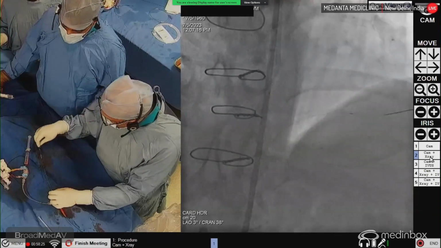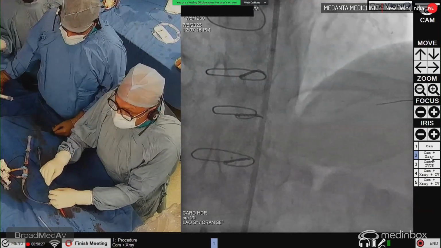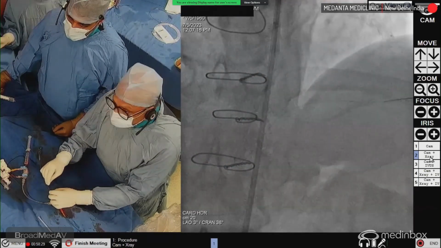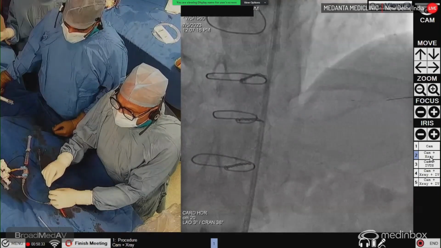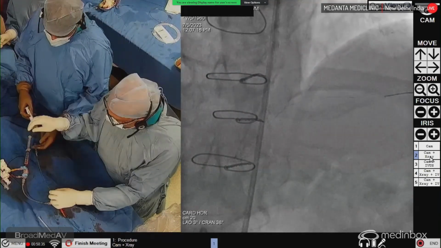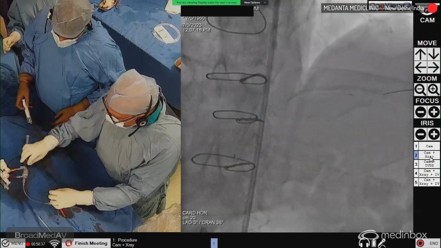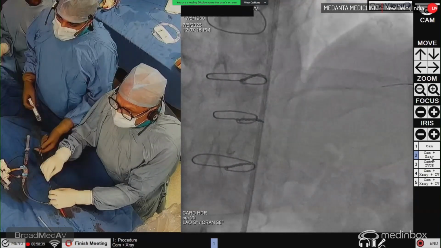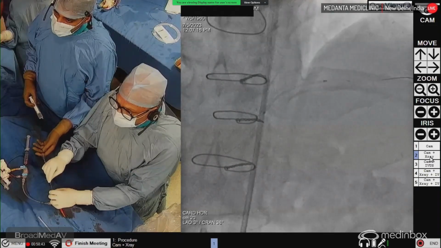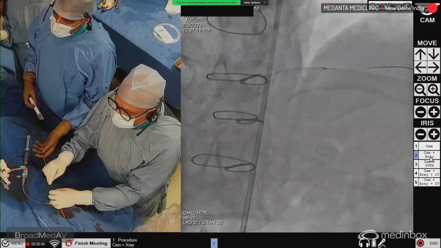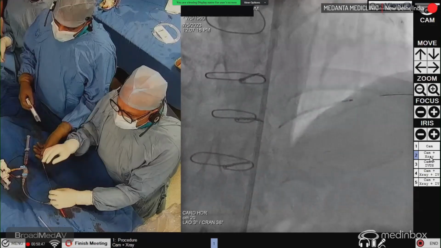Okay, now I will push the guide liner inside slowly, gradually, so that we have a good support and the stent goes in easily. Okay. So we have the guide liner deep inside. Yeah.